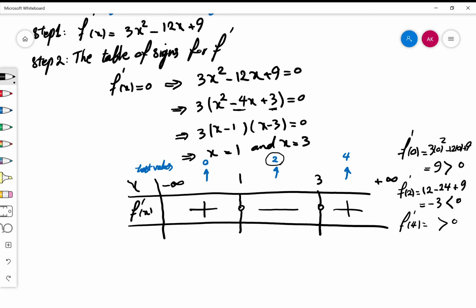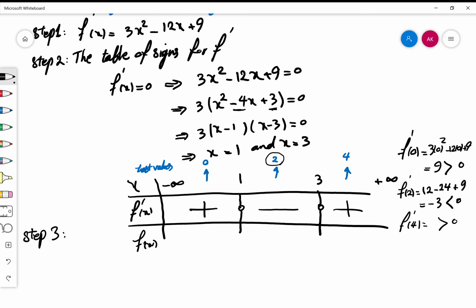So that's the table. Now I want to use the table of signs to determine where the function itself, f, is increasing or decreasing. This is what the test says.